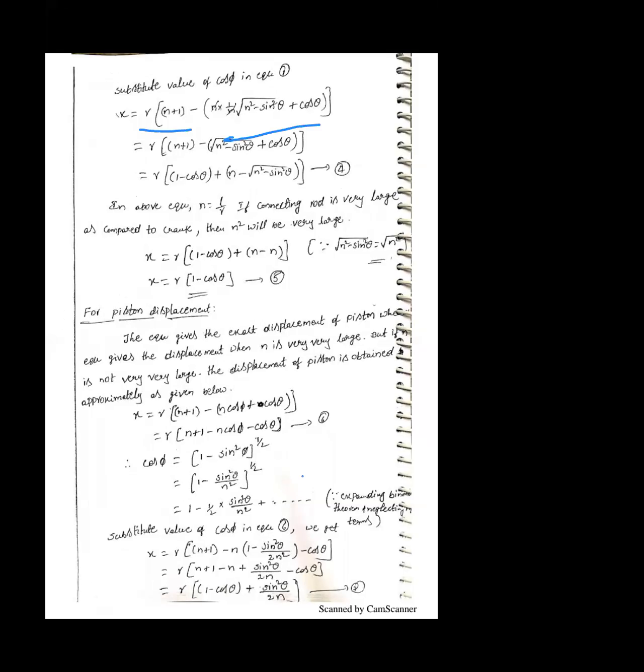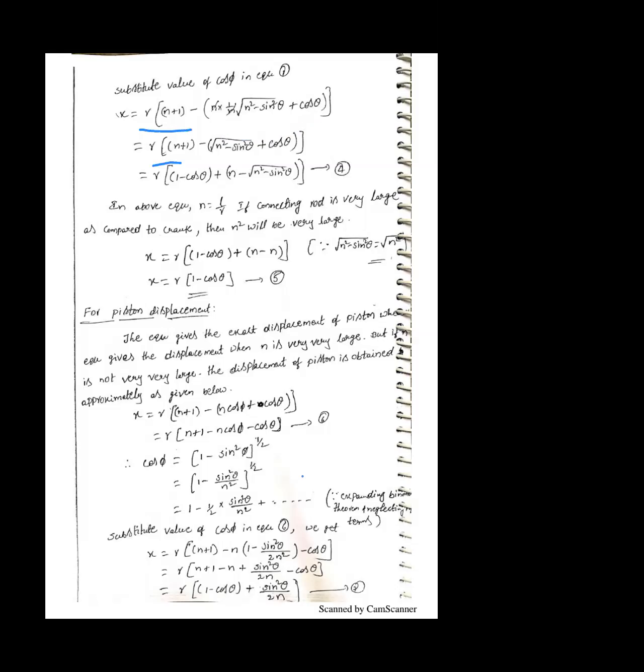So we substitute the cos pi value here. When we substitute, n into 1 by n cancel, and the other terms are r into n plus 1 minus square root of n square minus sin square theta plus cos theta.